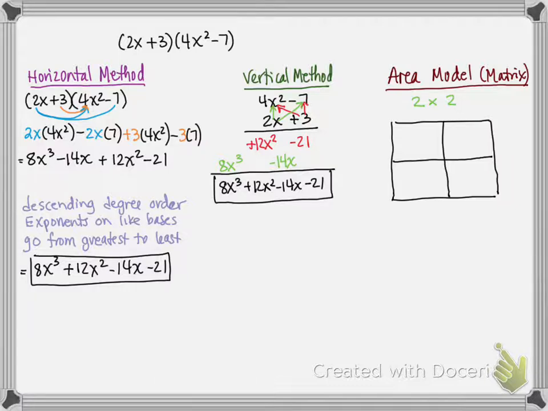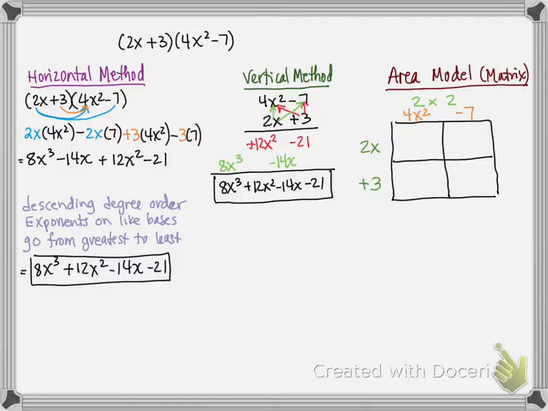Okay, so I'm going to do the 2x squared is going to be vertically. Now you got to make sure that you include the sign. And then we're going to have the 4x squared minus 7. So only one monomial per box. So what I'm going to do is the math up at the top.